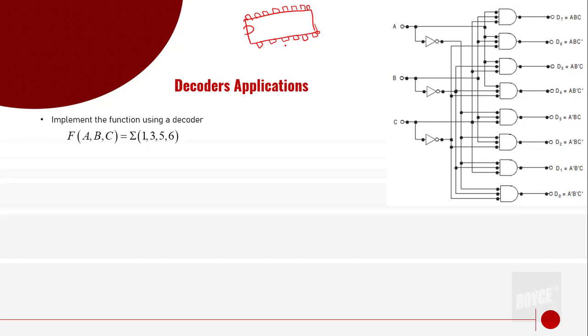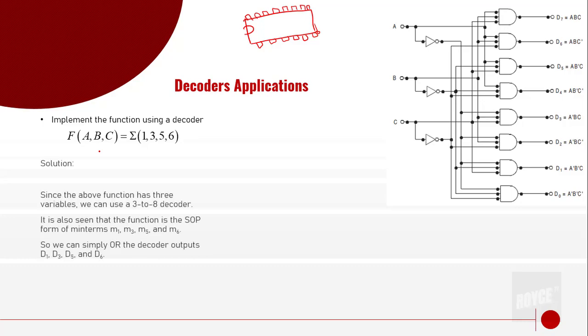Simple 3 to 8 decoder. Kung naka-IC yan, ito yung laman ng IC sa loob. Now, since this is a 3-variable Boolean expression, ibig sabihin, our input will also be 3 and our output will be 8. So it is safe to say that we are gonna use a 3 to 8 decoder.